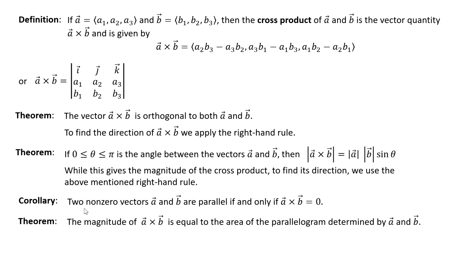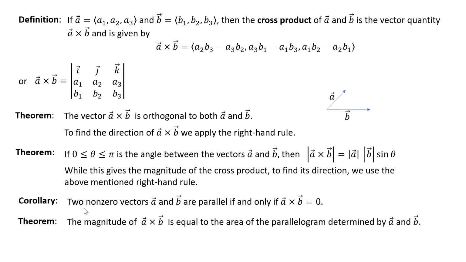Cool. Next, the magnitude of A cross B is equal to the area of the parallelogram determined by vectors A and B. So there's another practical use of A cross B. Suppose we have vectors A and B, and I place them so that their tails touch each other.